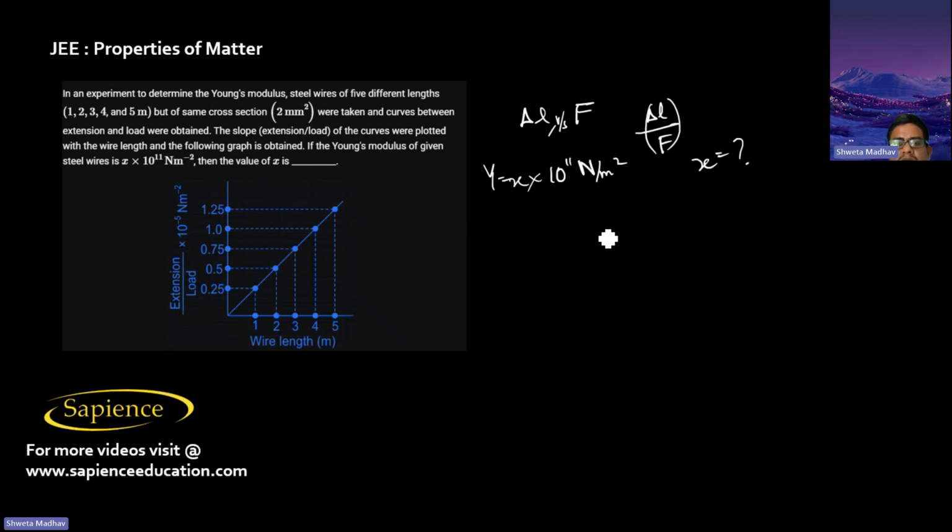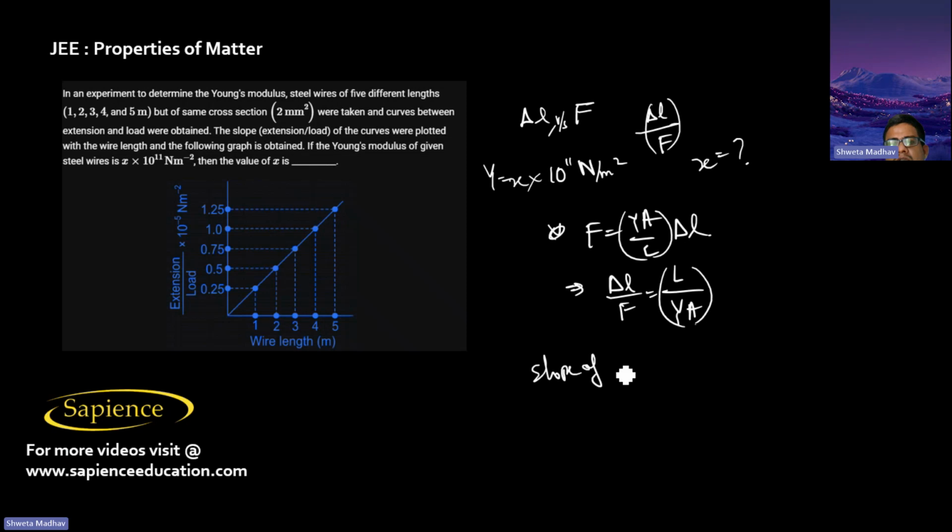So here, we know that F is equal to YA by L into delta L. So therefore delta L by F that we can say is equal to L by YA. So therefore the slope of the extension versus load curve is nothing but L by YA, and A is kept constant.